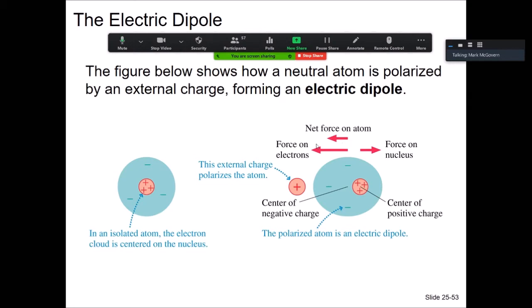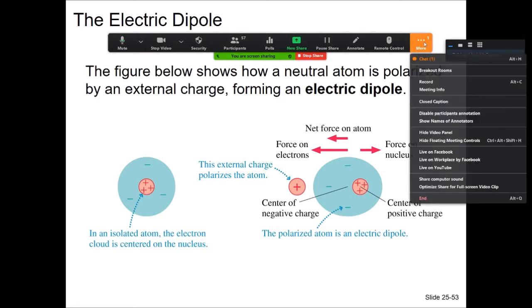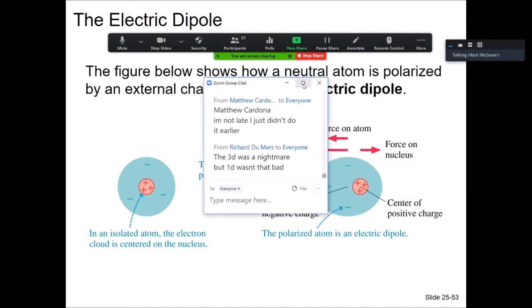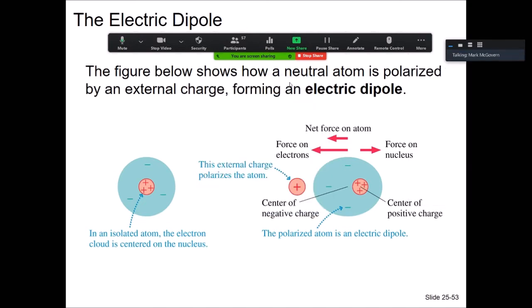Anyway, so electric dipole. So when an atom, whether it's naturally polar or not, is in the presence of an electric field, okay. Whether you have a molecule that's polar or not, in the presence of an electric field, meaning you're just in the presence of other charges, like we see right here, there will be a slight shift in that distribution.